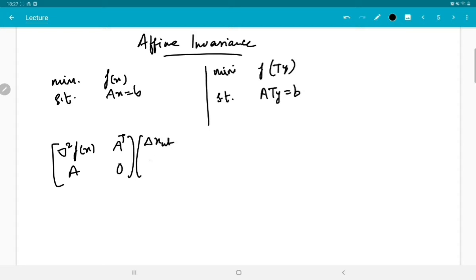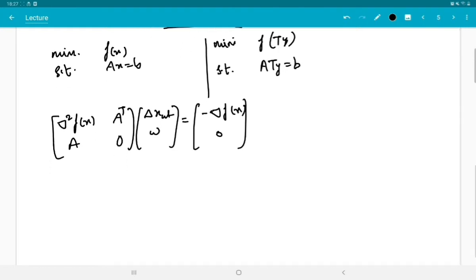This is W, equal to minus del f(x), 0, right? Now we write down the same conditions for the modified problem.